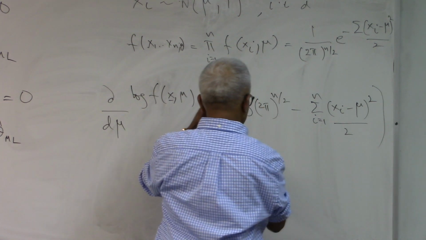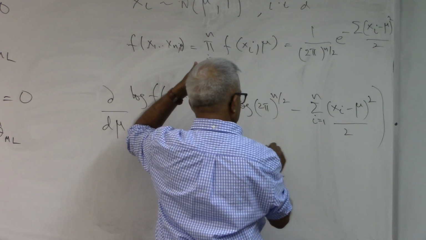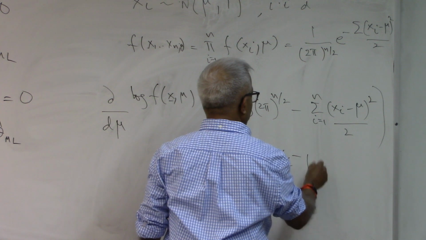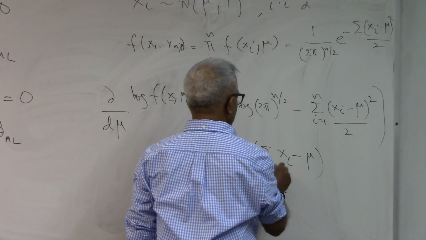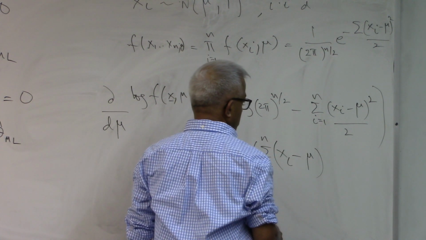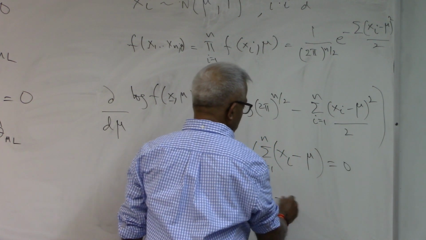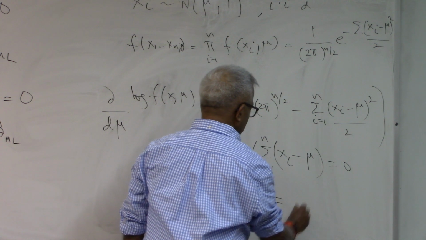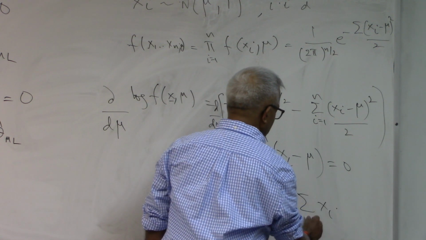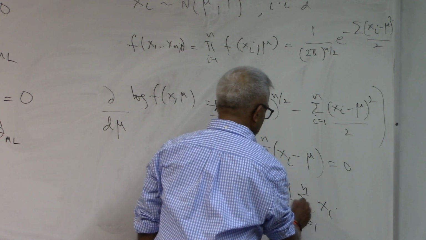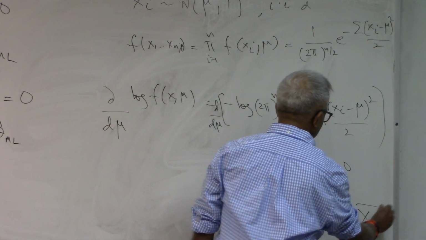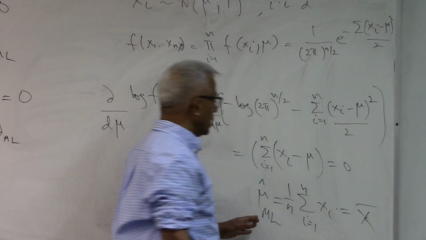In the second term you get minus minus, so the sum of (x_i minus mu), i equal to 1 through n, equal to 0. So you get n mu, or mu hat maximum likelihood, is the sum of x_i, i equal to 1 through n. So this is a very classic result.